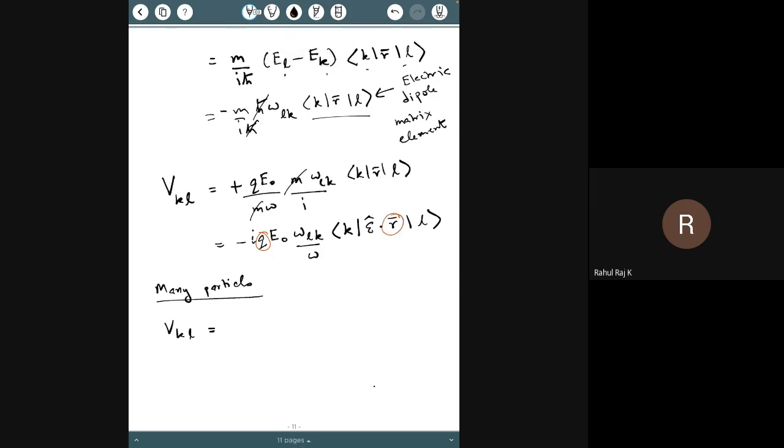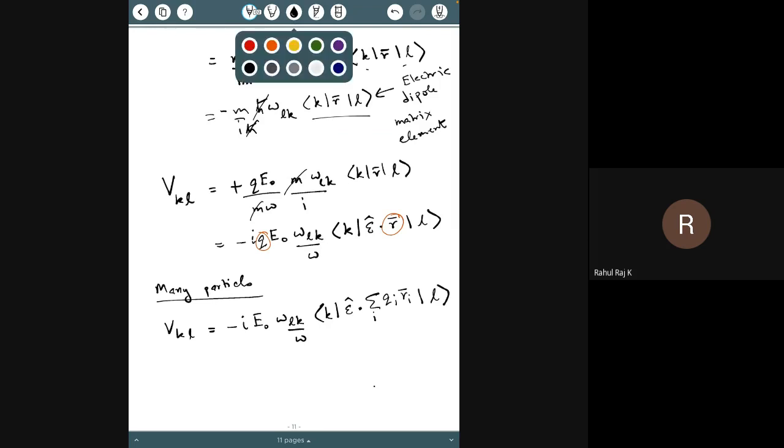So I have minus i E0 omega LK by omega K, epsilon dot sum over i of QI RI. And now you see why it is called the electric dipole approximation, because this is the expression for the dipole moment of the molecule.